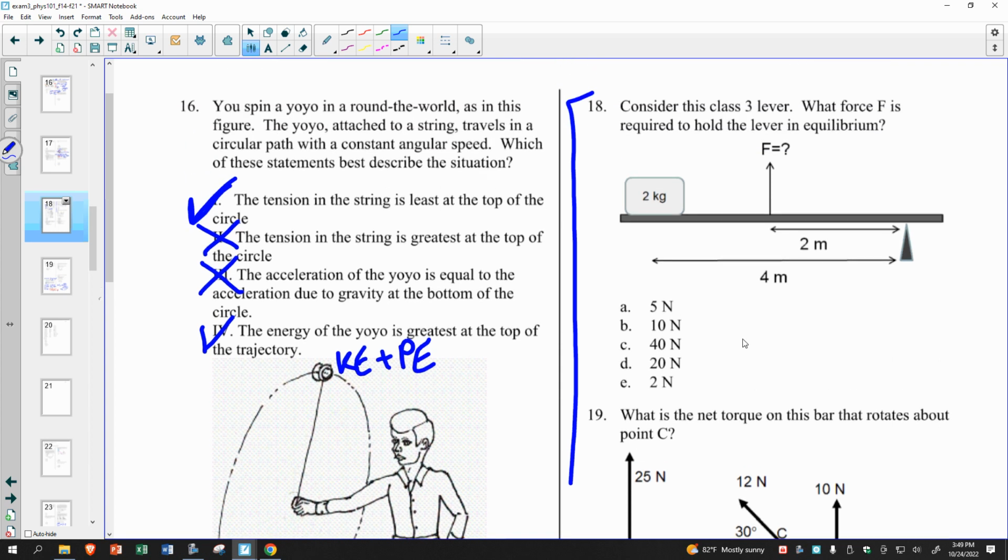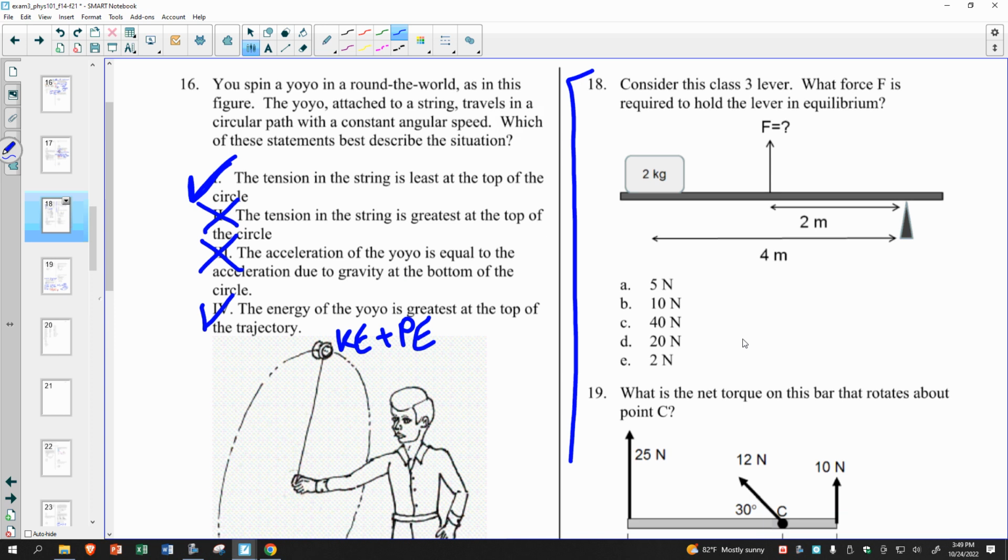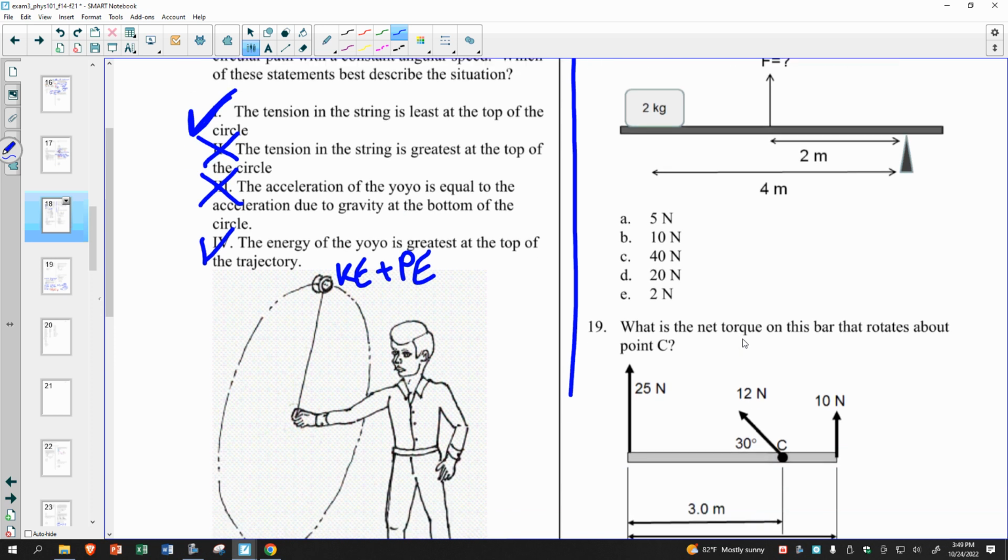So is number 1 true because your centripetal force is pulling towards his hand? Yeah, so number 1 is true because we have tension going in this direction and the weight is going in this direction, and my acceleration is in this direction. So the sum of the forces, Ft plus Fw equals m a_c.